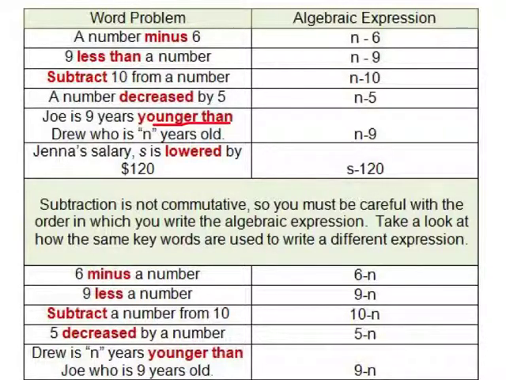Younger than means less than, which means subtract from. Jenna's salary, S, is lowered by. Lowered means the same thing as decreased by, so you subtract. Now remember that subtraction, unlike addition, is not commutative, so you have to be careful with the order that you write it.